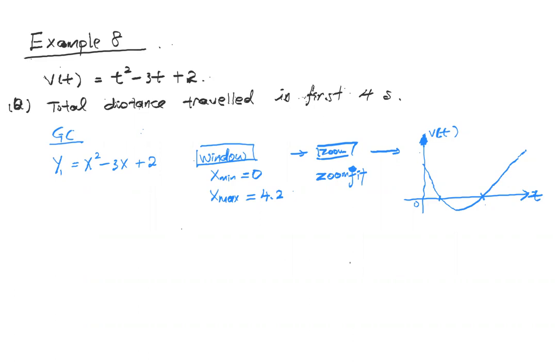Okay, there's 1 and 2 here, correct? So we want the first 4 seconds. Now you see there are 2 parts of the area above the t-axis, and 1 part below the t-axis, correct? So now what you need to do is, you want to find the answer for part A, correct?